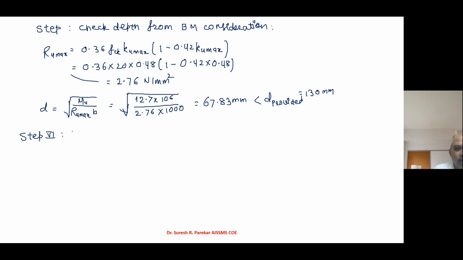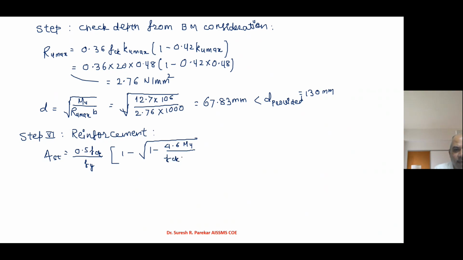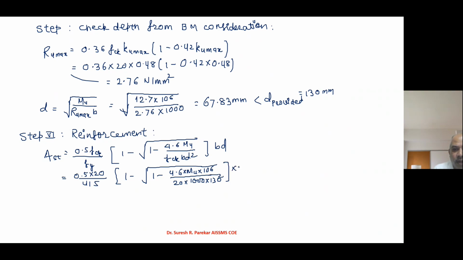Step 6, reinforcement. Now in this, Ast is equal to, if I generalize, 0.5 fck upon Fy in bracket 1 minus root of 1 minus 4.6 Mu upon fck B D square, into B into D. Now if we substitute all values: 0.5 into 20 upon 415 in bracket 1 minus root of 1 minus 4.6 Mu, converted into Newton millimeter, 10 raised to 6 upon fck 20, B 1000, D is 130 square, and 1000 into 130.